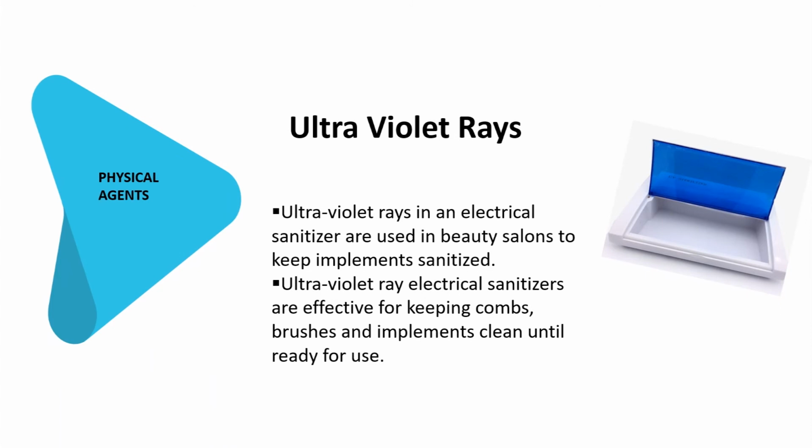The third physical agent is ultraviolet rays. Ultraviolet rays in an electrical sanitizer are used in beauty salons to keep the implements sanitized. Ultraviolet ray electrical sanitizers are effective for keeping combs, brushes and implements clean until ready to use again.